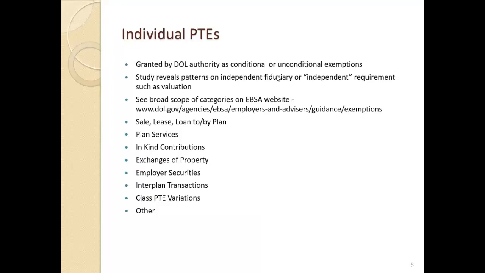So, I've gone through these categories, looking at sales to plans, leases, loans. Clearly, one of the very common conditions for exemptions involving sales of property is an independent valuation, which can be undertaken by an independent appraiser.